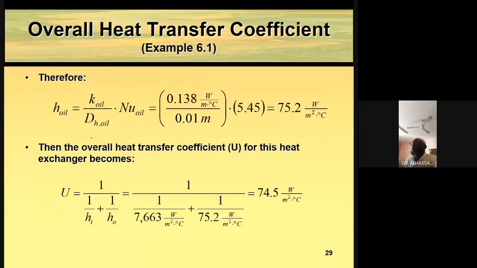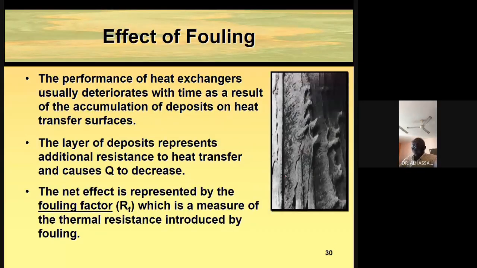So this is what we'll use to determine HO, H for the oil. So eventually this is the value. So the overall heat transfer coefficient is 1 over (1 over HI plus 1 over HO), and this is the solution. Okay, so quickly, let us move ahead.